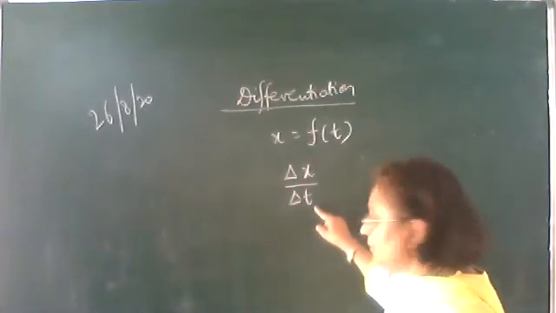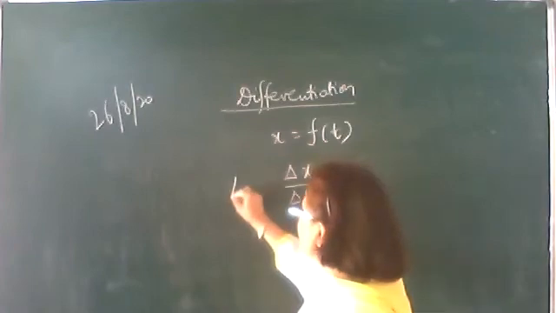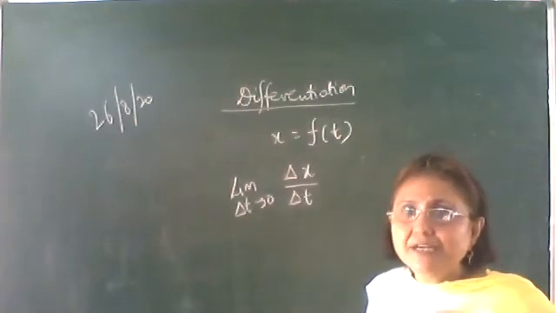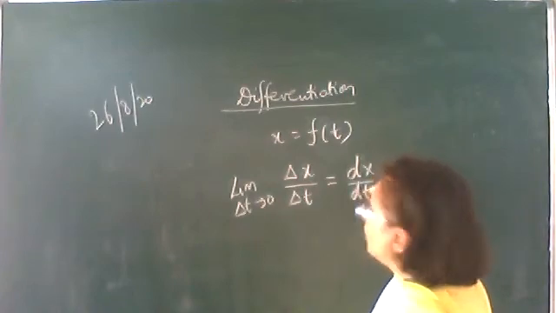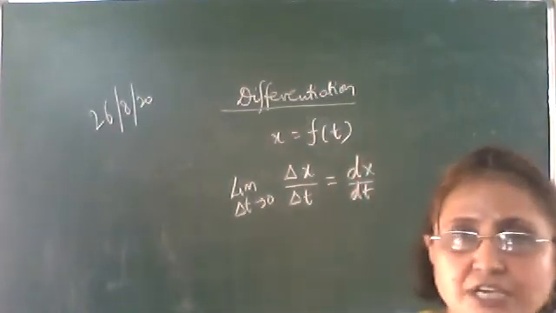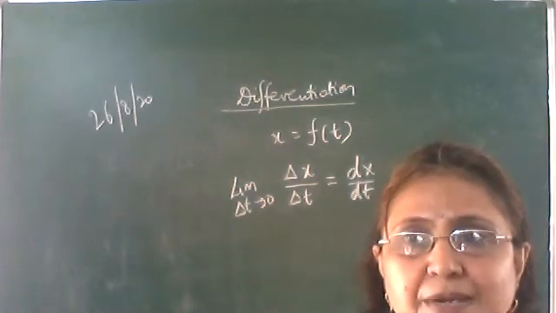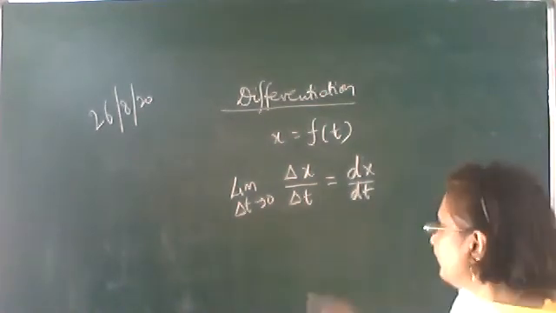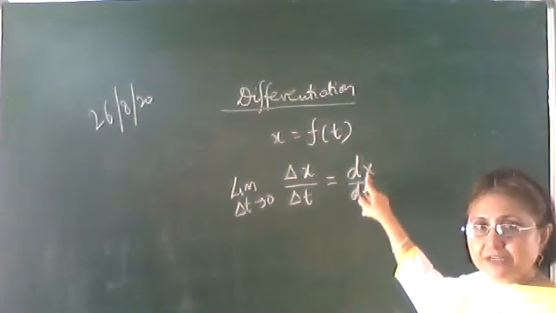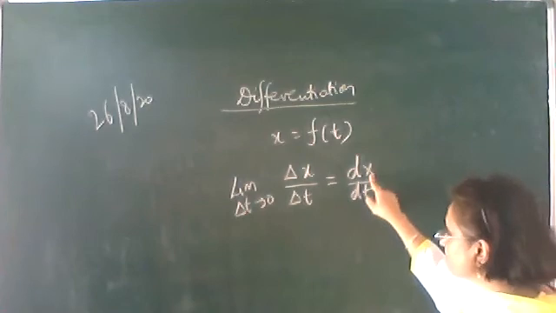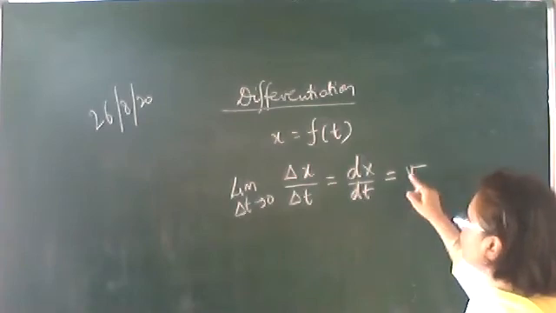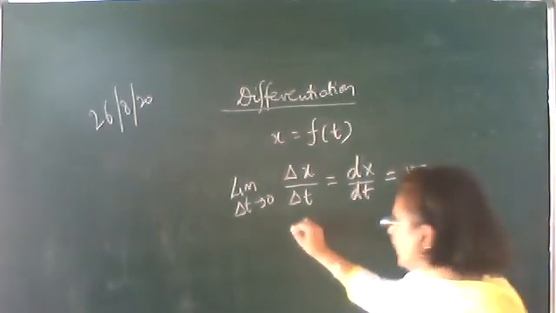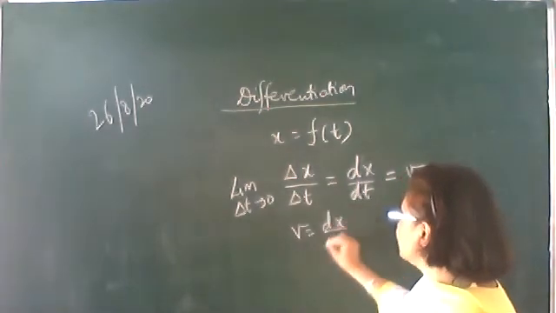If this time interval is very short, tending to 0, in the limit delta t tending to 0, this can be written as dx upon dt, which is the differentiation of the displacement with respect to time. We call this velocity. So velocity is equal to dx upon dt.